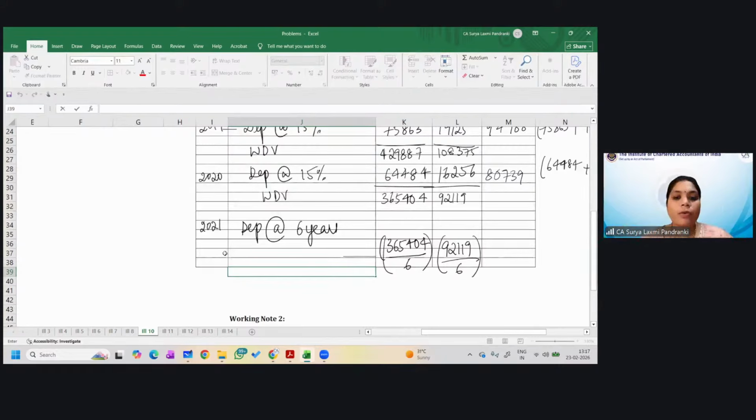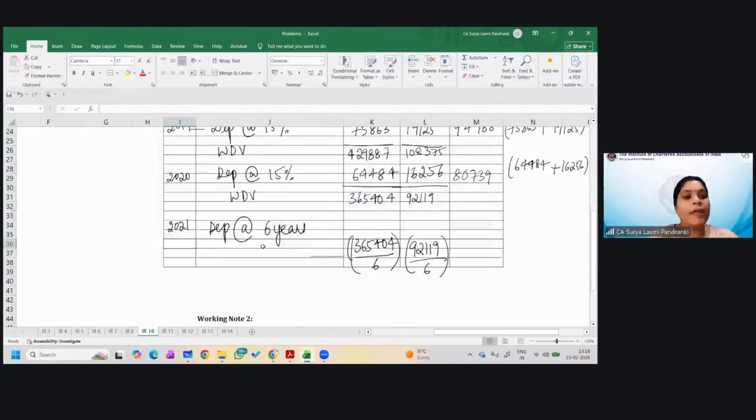So what are we trying to do? If on a particular date you have decided to change the method, you will completely change it with the carrying value that is available on that date. So what is the depreciation now in 2021? It will be the carrying value divided by the number of years expected. So machine 1 is 60,900 and machine 2 is 15,353.